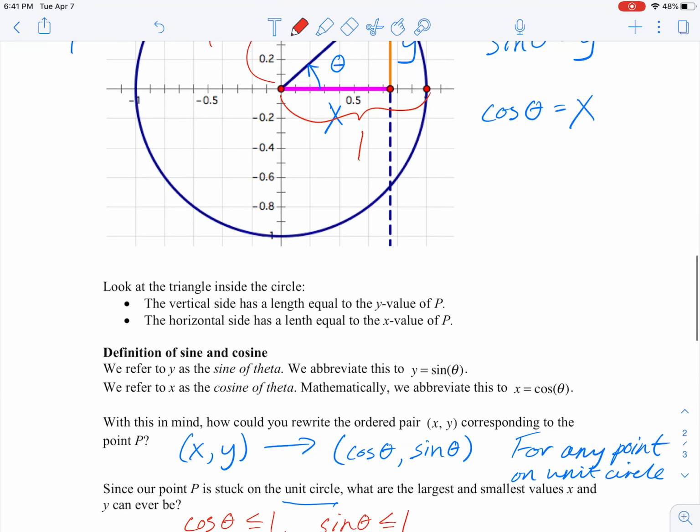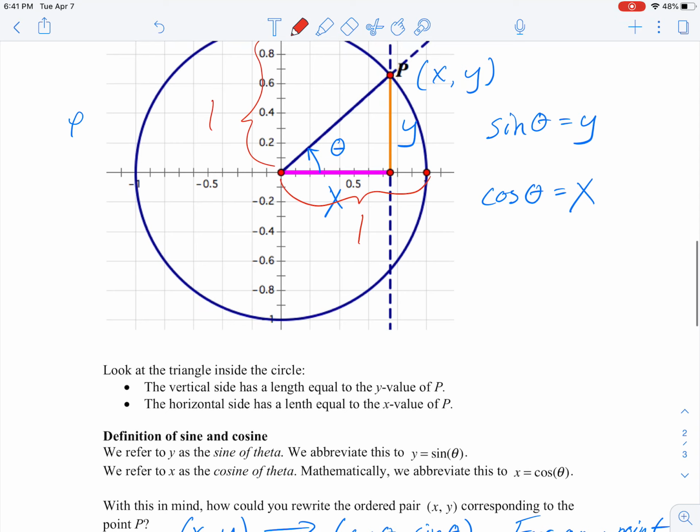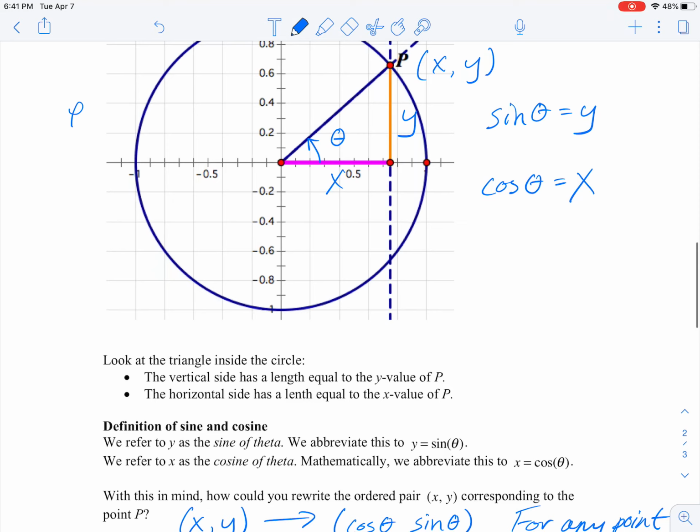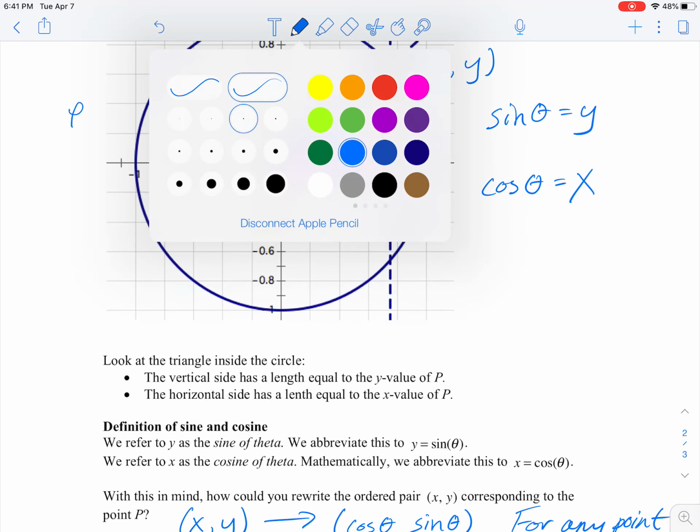Well, let's go back over to our picture. Rather than thinking about our angle measured to this line, let's add a new one. Let's add a line down here. Maybe we should make it green.